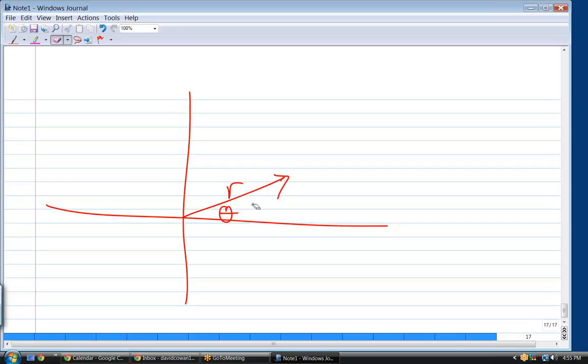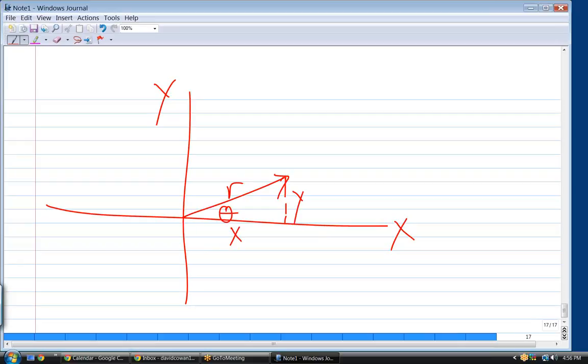In other words, now you can also lay polar on top of an XY grid. Well, if I do that, what's the x coordinate? There's the y coordinate. What's the trig function that relates everything to x and y?